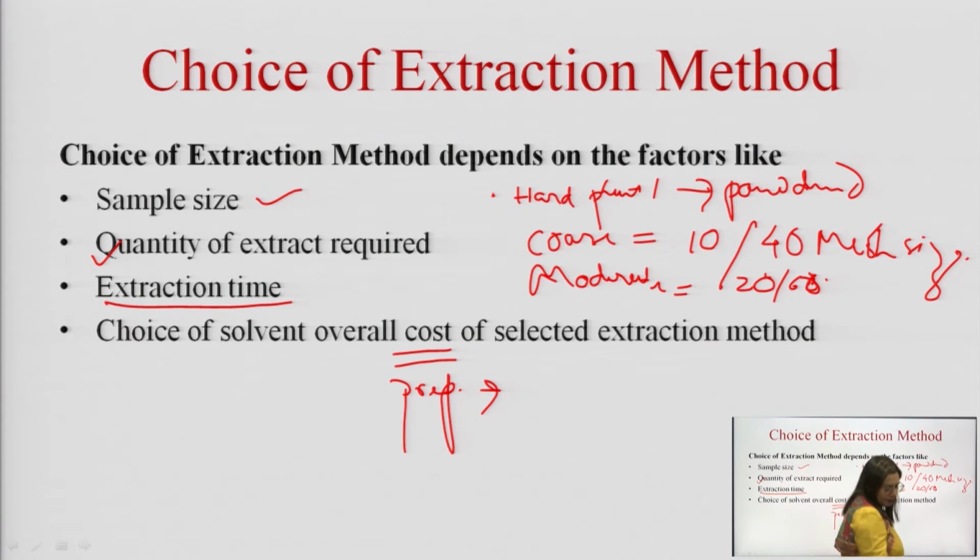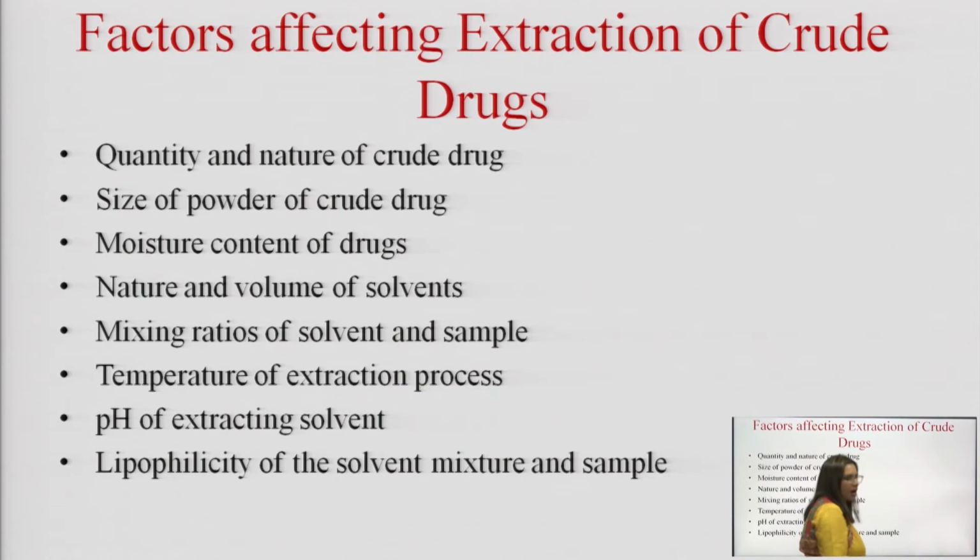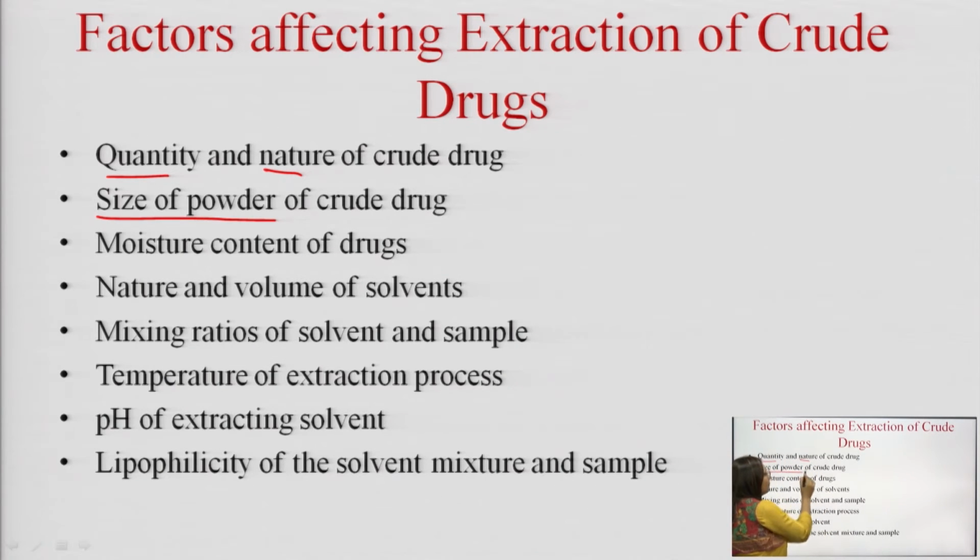Okay. Moving to the next topic, the factors affecting the extraction of the crude drug. Enlisting the factors: quantity and nature of the crude drug, size of the powder of the crude drugs, moisture content of the crude drugs, nature and volume of the solvents, and the mixing ratio of the solvents and the sample.